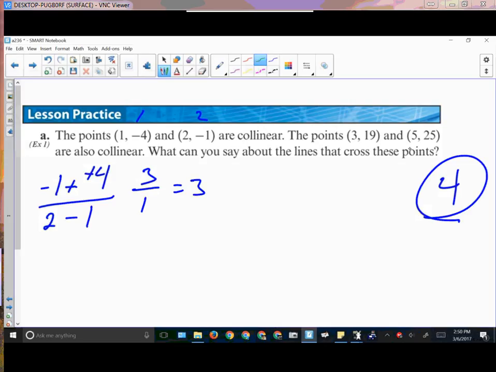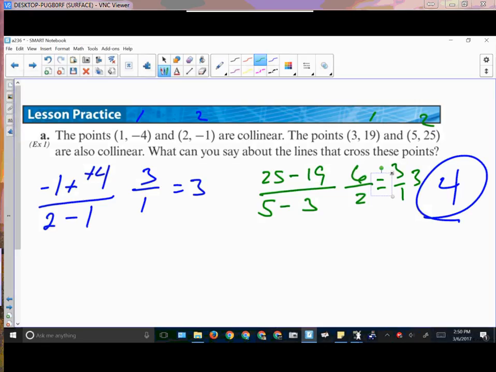Now for this one here, that's 2, that's 1, so that will be 25 minus 19 over 5 minus 3. Let's see, 25 minus 19, last I checked, was 6, over 2, which you reduce down to 3 over 1 or 3.